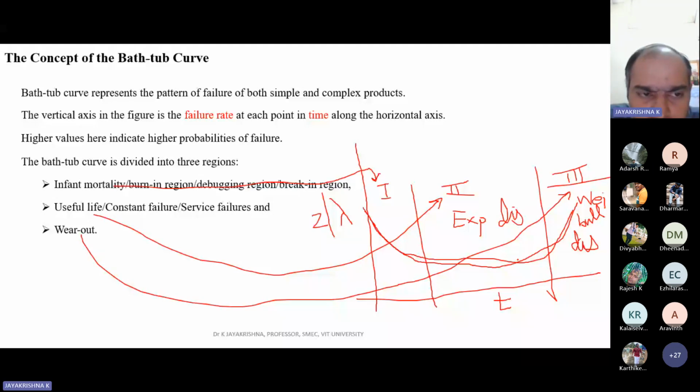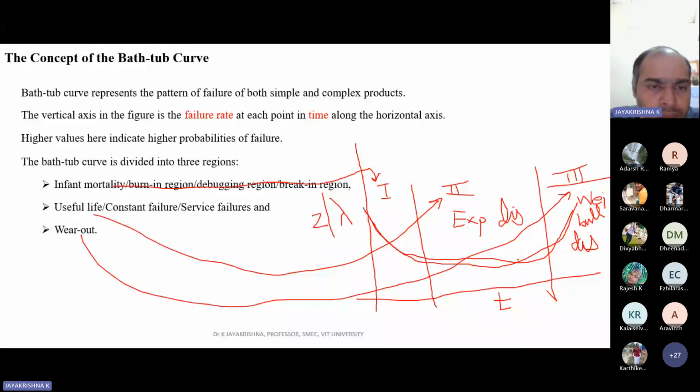First stage is called infant mortality. Second stage is called useful life. Third stage is called wear out. In the second stage, we follow exponential distribution. In the third stage, we follow variable distribution. Almost this variable distribution can be used for all three stages, but especially we can use it for the third stage.